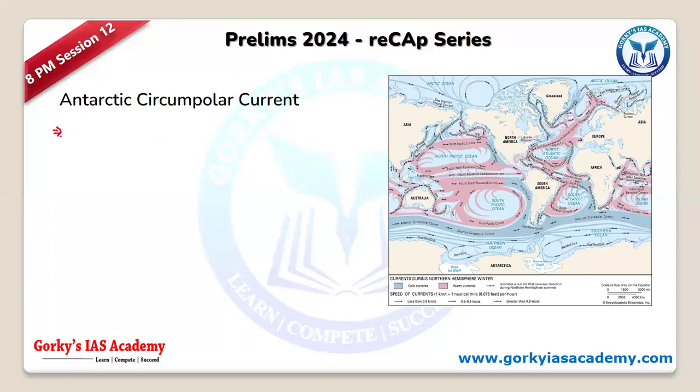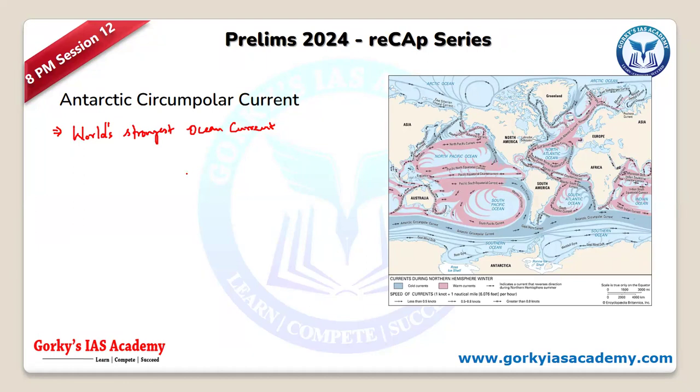Recently it was discovered that it became the world's strongest ocean current. Okay. The world's strongest ocean current, which encircles Antarctica. So that's the reason why it was in the news. Okay, in the Southern Ocean.